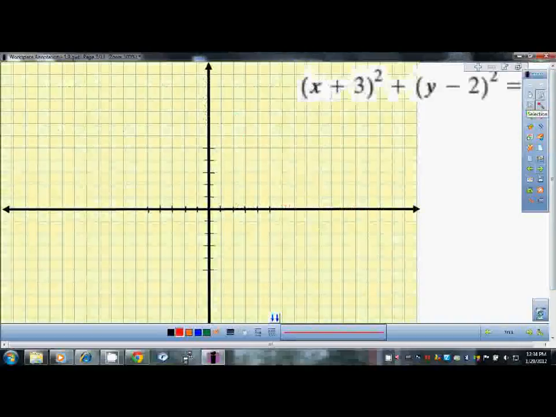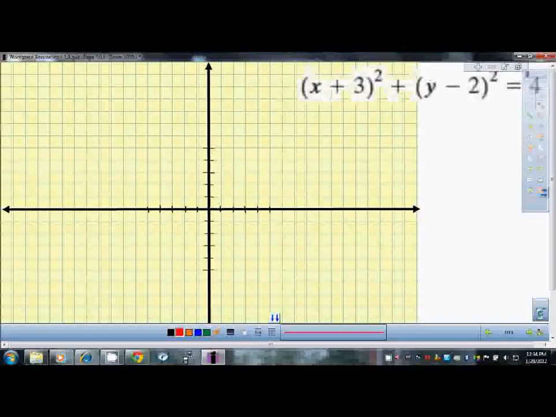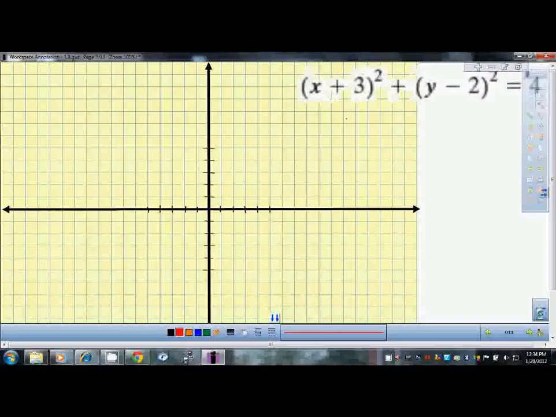Graphing. Same thing. What is being subtracted from the x? Negative 3. Remember, it's x minus h. So really, you just always take the opposite of this. So negative 3. What's being subtracted from the y? 2. There's my center. And what's the square root of the last number? And there's my radius.